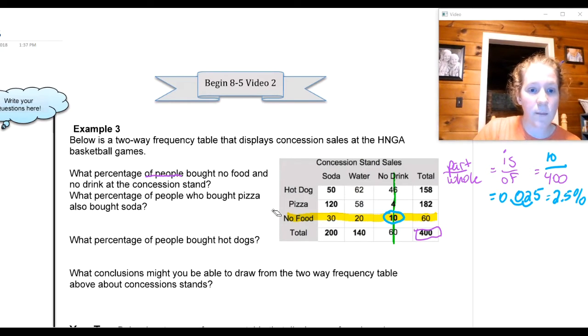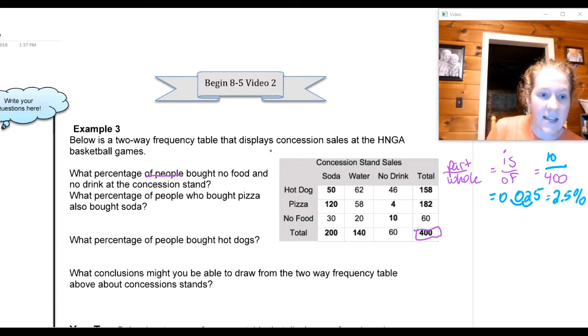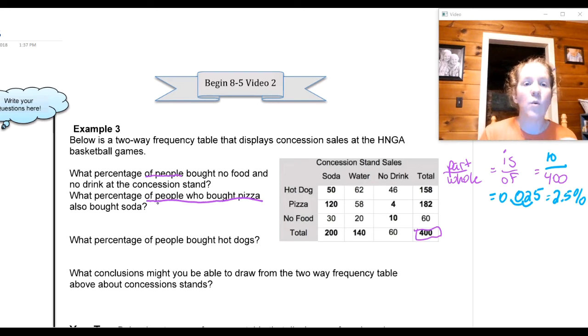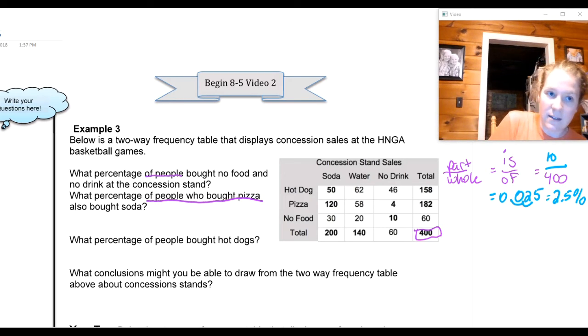The next one says, what percentage of people who bought pizza also bought soda? Okay, so again, let's look at what this is actually asking us to do here. It says, what percentage of people who bought pizza? So this time there is a qualifier. I don't just want of people, I want of people who bought pizza.